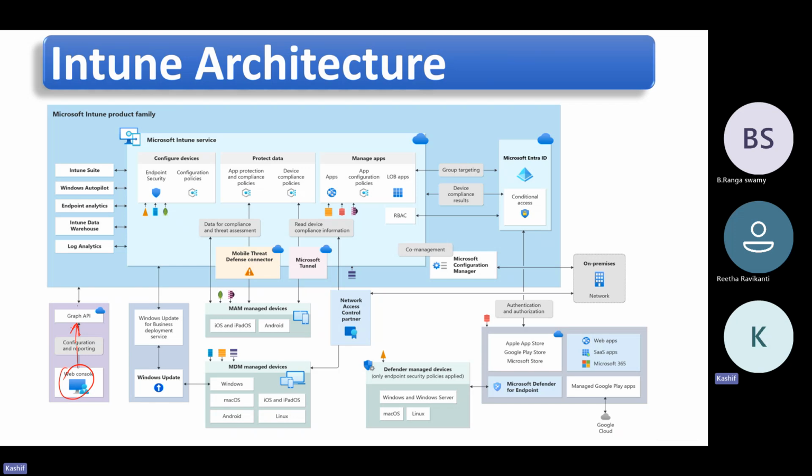Then Graph API will connect to Intune services to configure devices, protect data, and manage applications. The Graph API will connect to the respective services and do the respective task.